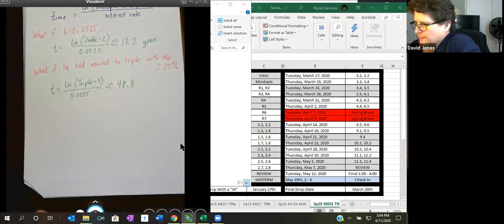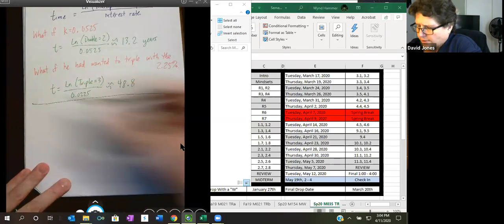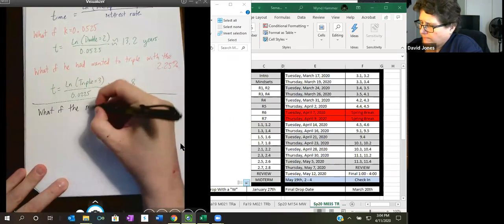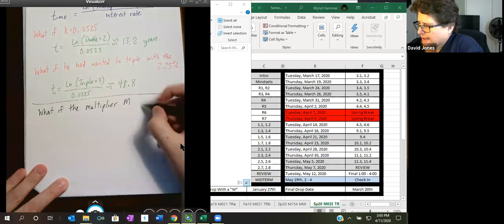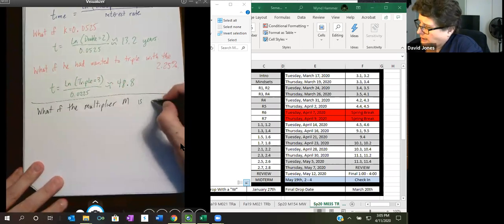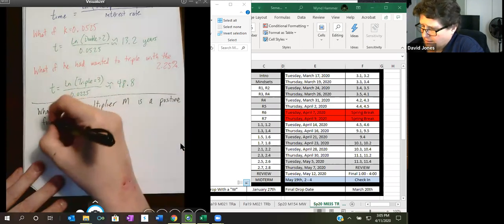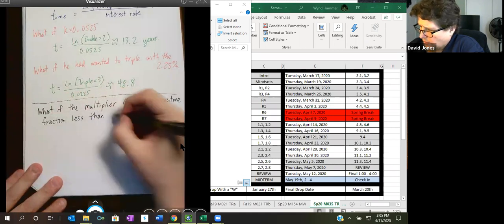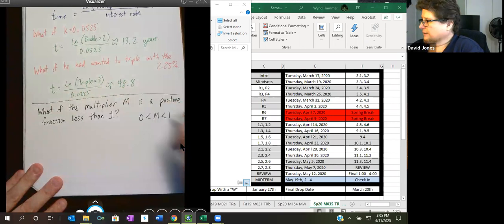Okay, so this is similar to what happens where other models come up. What if the multiplier, let's call it m, is a positive fraction less than 1? Like 0 is less than m less than 1.